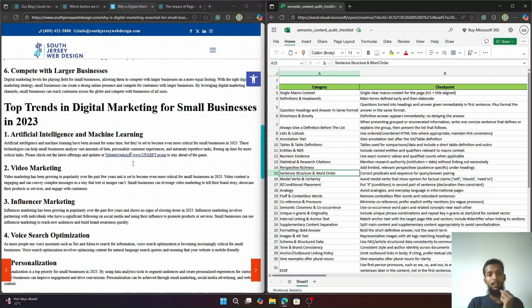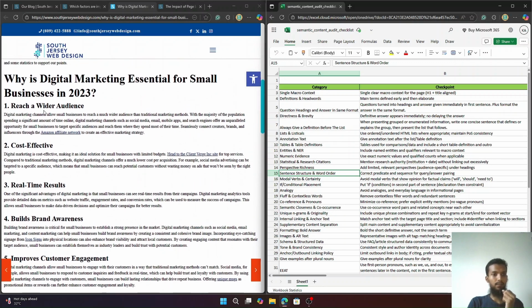If you are giving benefits like reach a wider audience, real-time results, if you could give predicates first, in that case the bullets would be stronger.